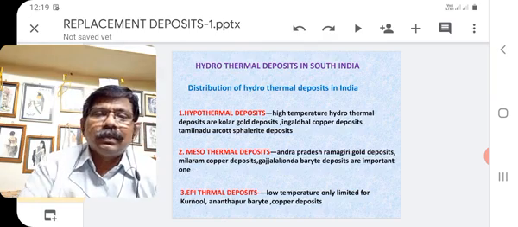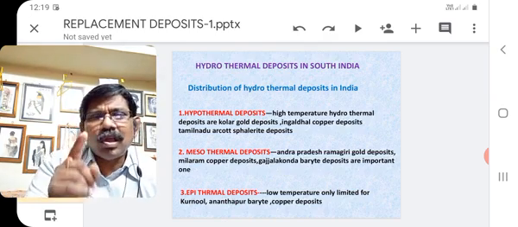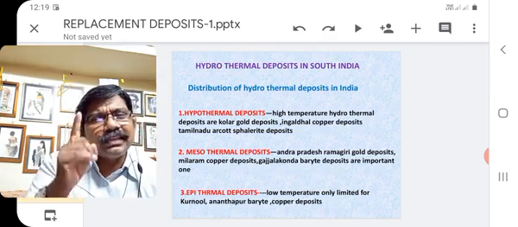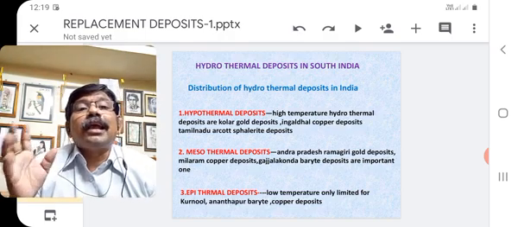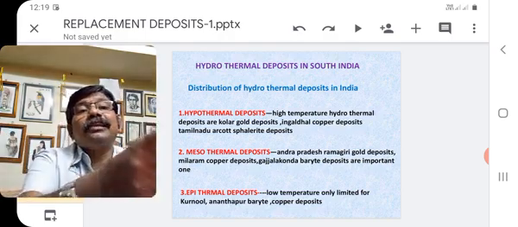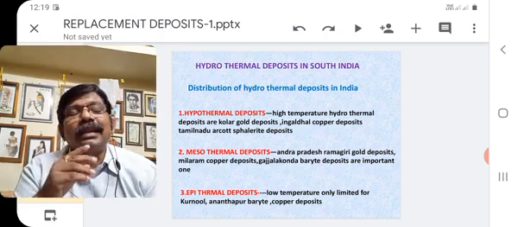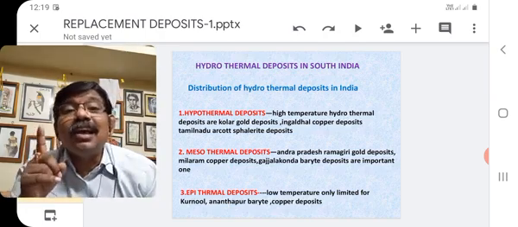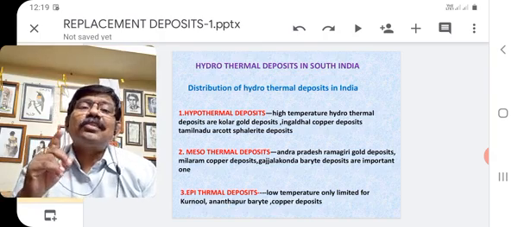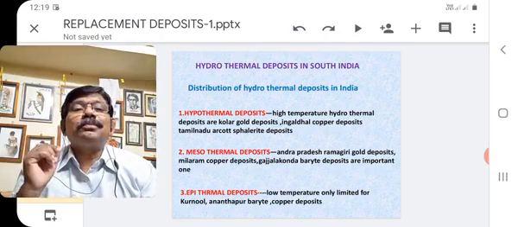In South India, KGF, Kolar and Hatti gold fields in Karnataka. These are the hypothermal deposits. I have written that here: the Kolar and Hatti gold fields and Ingaldal copper deposits. These all belong to the hypothermal deposits.